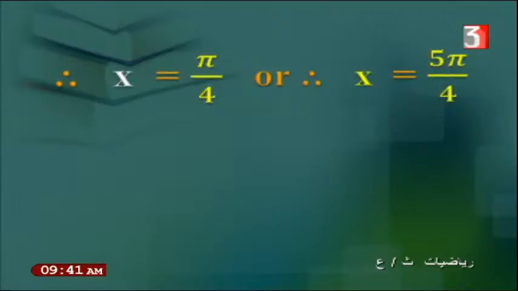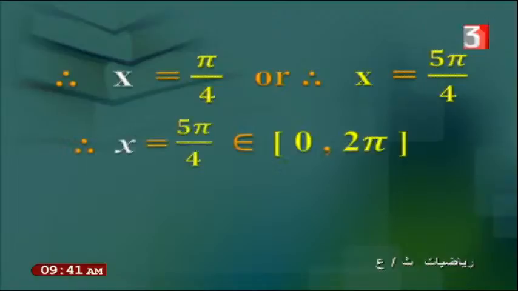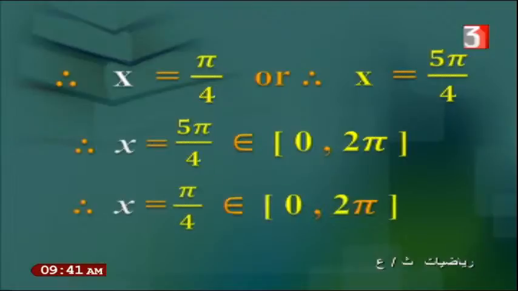Then x equals pi over 4 or x equals 5 pi over 4. Now x equals pi over 4 belongs to the closed interval 0 to 2 pi, and x equals 5 pi over 4 also belongs to the closed interval 0 to 2 pi.